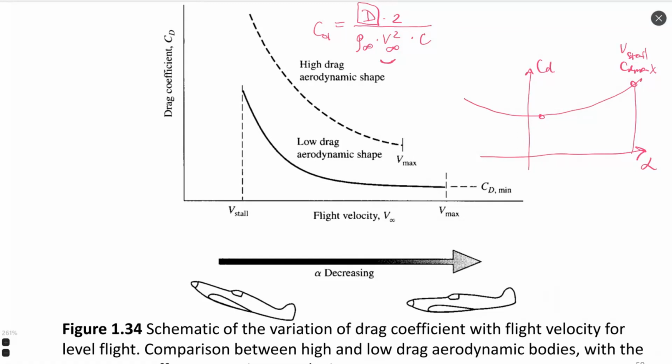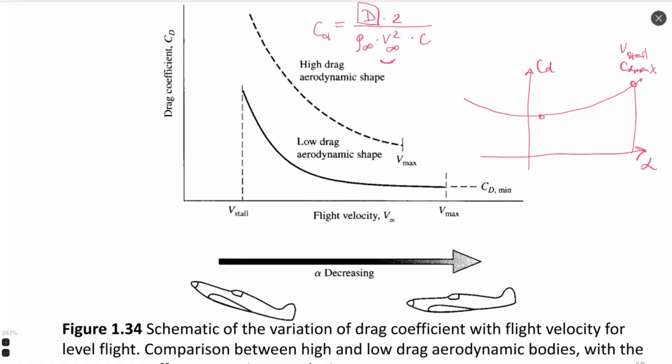There are different types of aerodynamic bodies related to drag. There are so-called high drag aerodynamic shapes that have higher drag, which can be optimized for some specific regime, and can work very nicely, for example, supersonic airplanes.